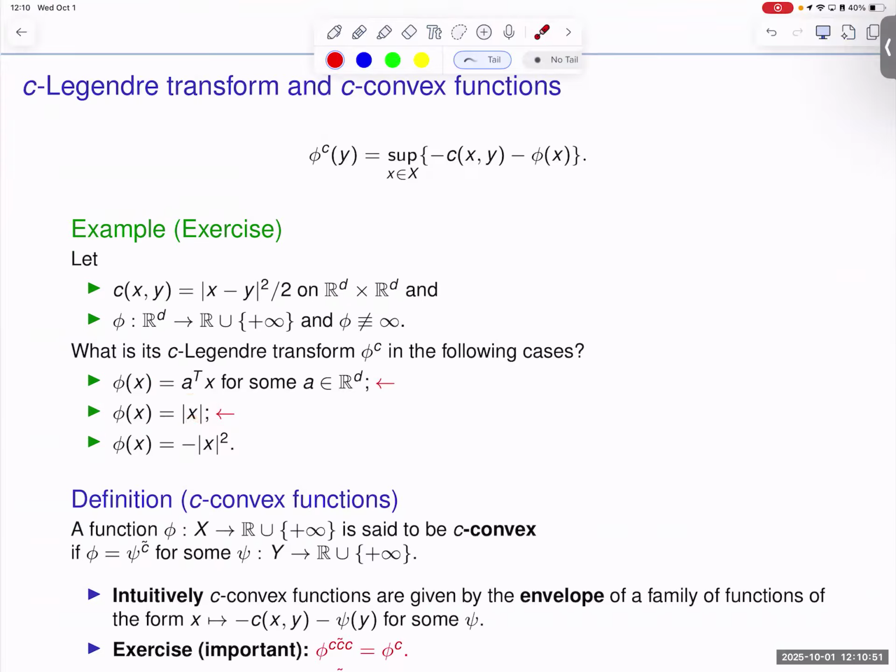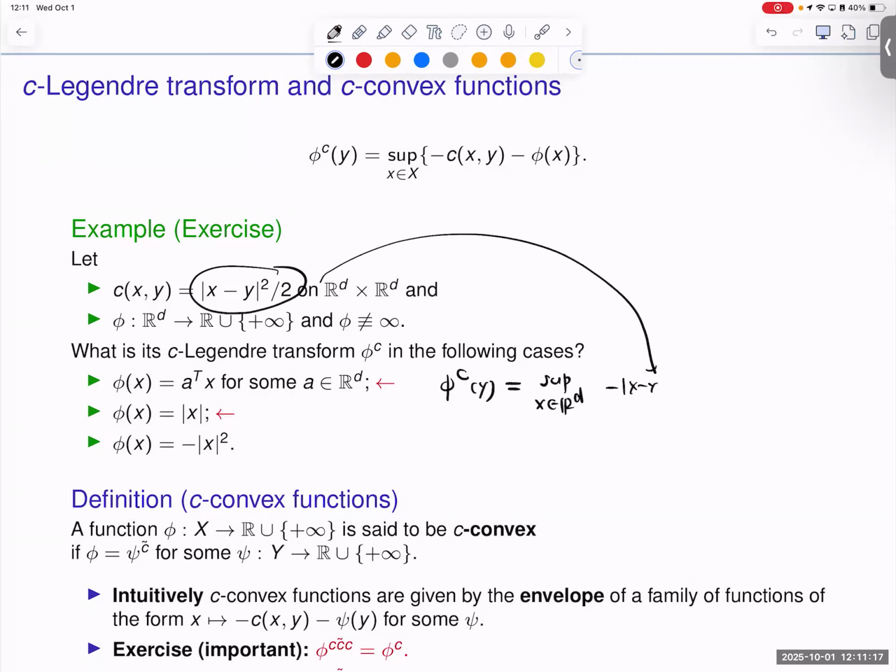The C-Legendre transform of this is phi^c(y), the sup over x in R^d, let's just use the 1D case, where c is x minus y squared over 2, of minus |x minus y|^2 over 2 minus a dot x.